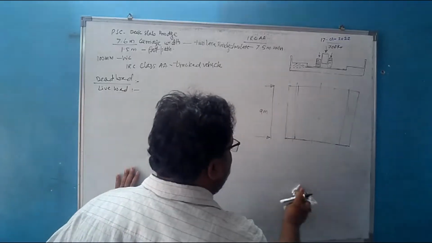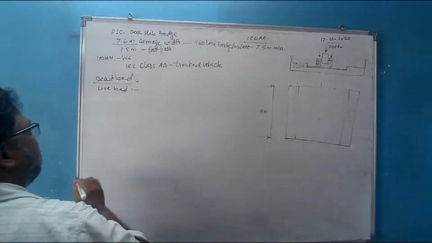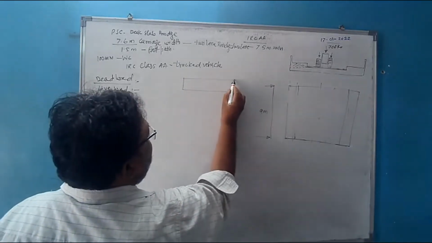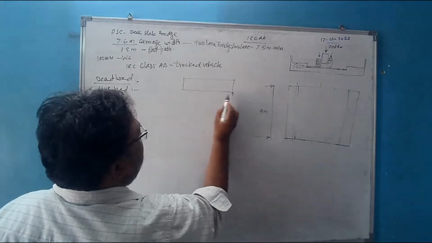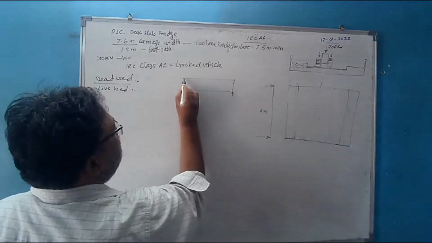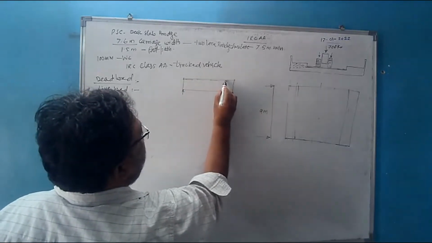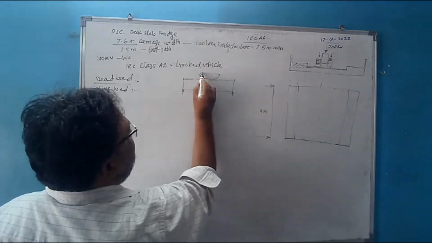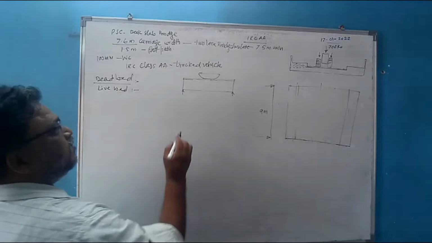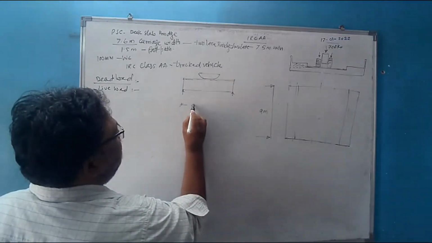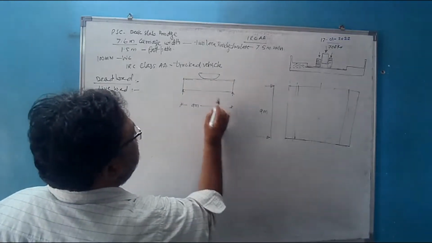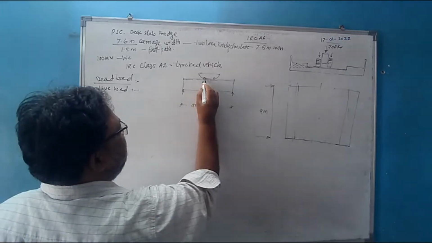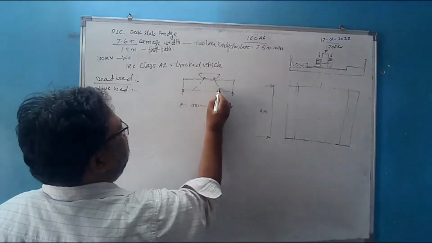Where should we place this vehicle? If you remember, for IRC class AA tracked vehicle, if you want the bending moment to be maximum, the vehicle is to be placed centrally. The total span is 9 meter. The vehicle is placed centrally. And I had also given this clause that the angle of dispersion will be equal to 45 degrees.